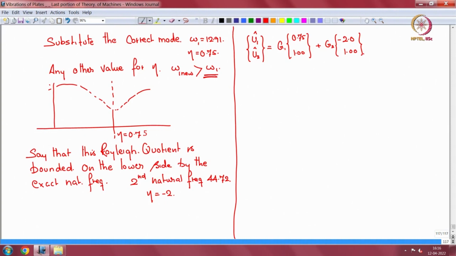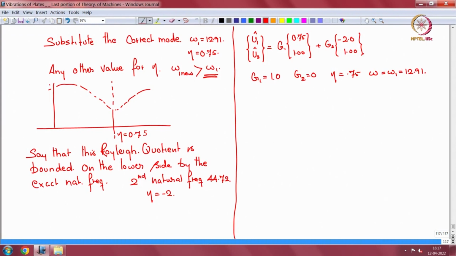So here if I choose g1 equal to 1 and g2 as 0, then I get eta as 0.75 and I get omega equal to my omega 1 which is 12.91.